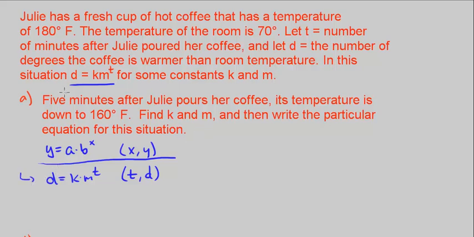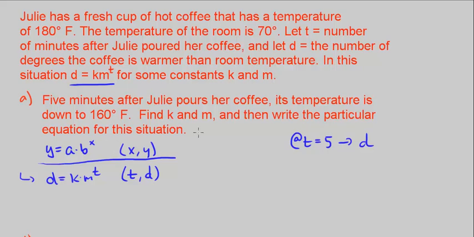So we're given this scenario 5 minutes after Julie pours the coffee. So that means at t equals 5, right? Because t, remember, is the number of minutes after she poured her coffee. So at t equals 5, what is d? Remember, d is the degrees the coffee is warmer than the room temperature, all right?